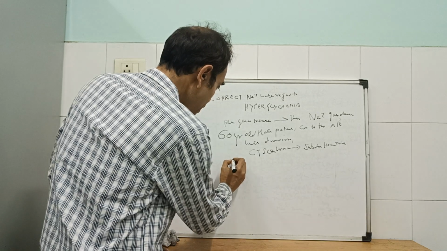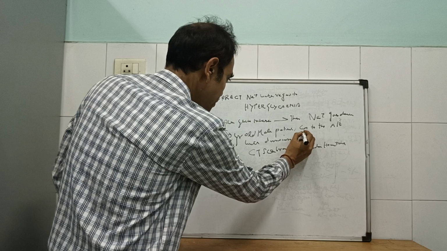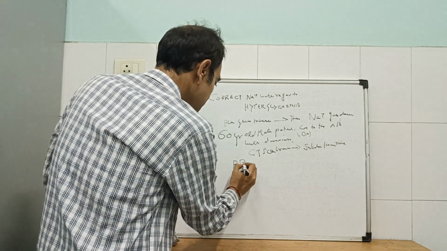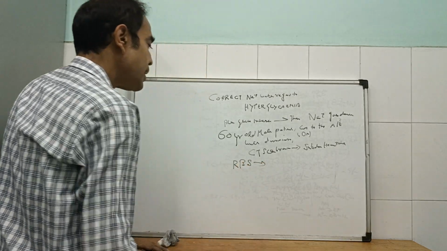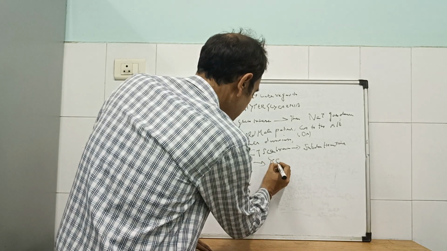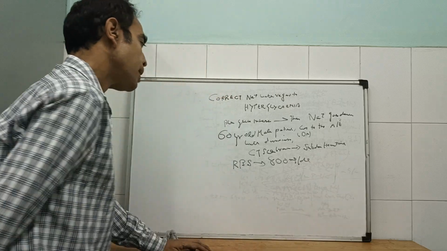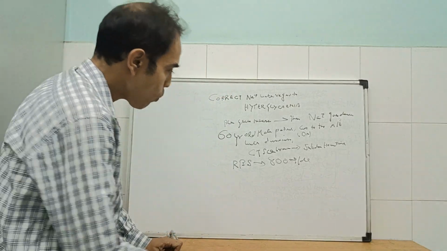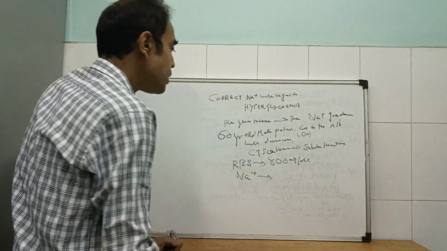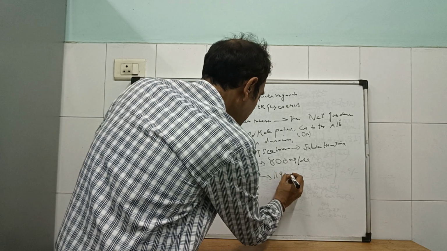So when the blood investigations are done, this patient is also a diabetic. The RBS came out to be 800, and the sodium came out to be 119 milliequivalent.